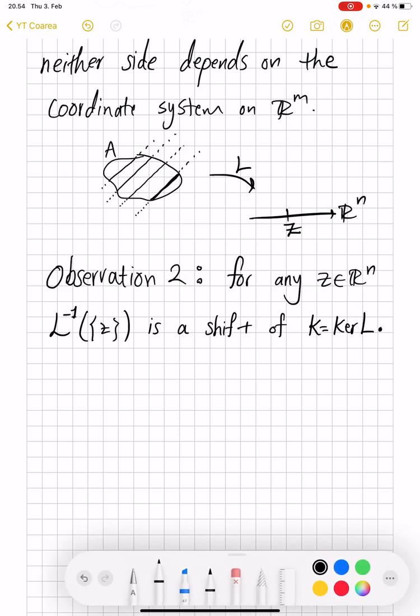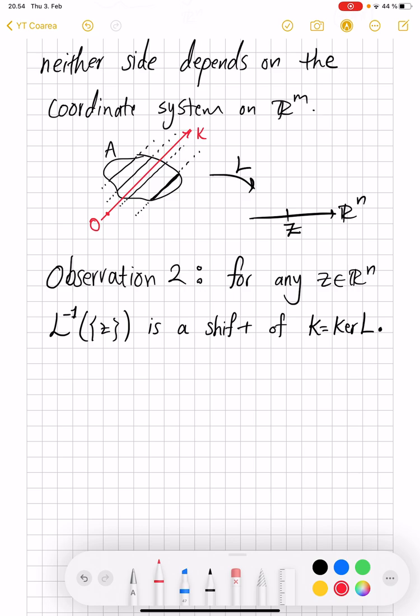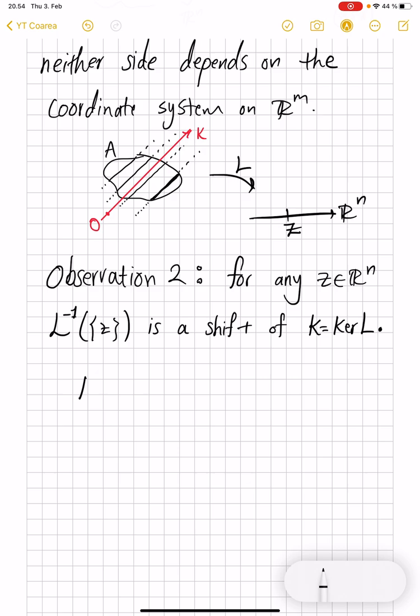So let me first draw this kernel. Okay, this will be my space, kernel of the linear operator, and the kernel of course passes through the origin, so this will be O. And I'm also assuming for the majority of this presentation that rank of L equals n, so it's not a degenerate linear map.